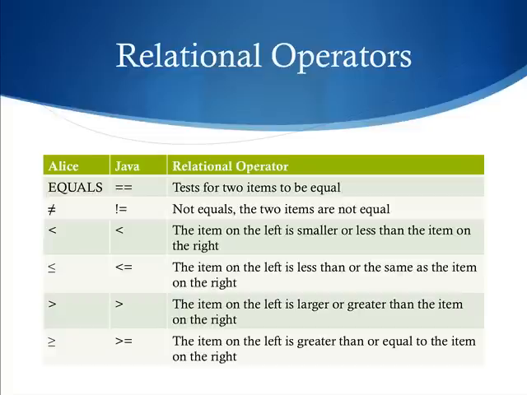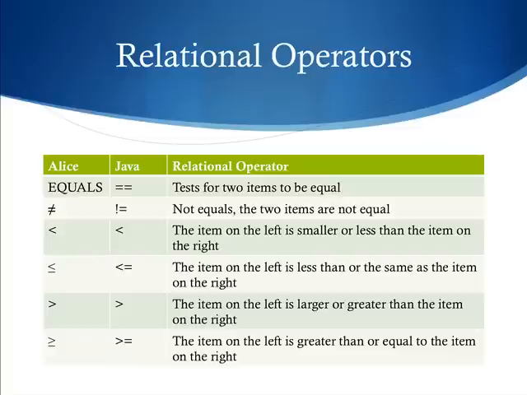And when we're talking about equals, the item on the left and the right must be the same. When we're talking about less than, again, the item on the left has to be the smaller value, or that statement isn't true. Less than or equal to gives us a little more leeway. The item on the left has to be smaller than or the same as the item on the right. Greater than, exact opposite. The item on the left has to be bigger than the item on the right. And greater than or equal to, the item on the left has to be bigger than or equal to the item on the right.